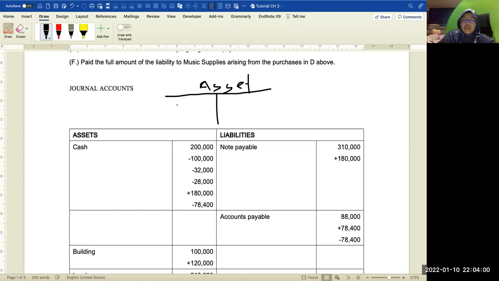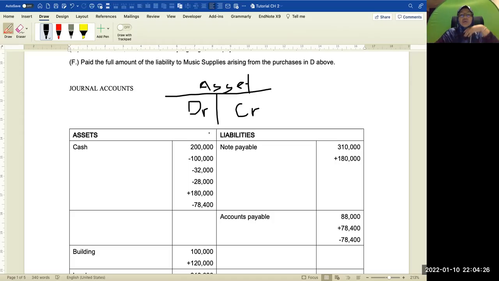Any account will have a debit side. The debit is known as DR and credit is known as CR. On the left side is what we call the debit side, and on the right side is what we call the credit side. You get that?